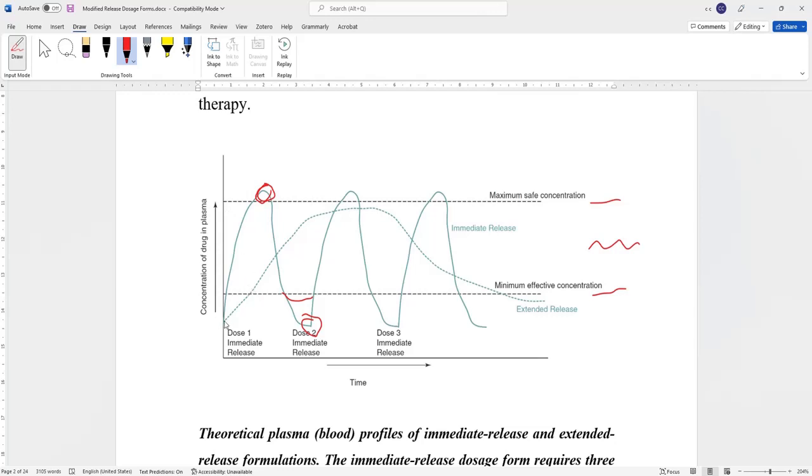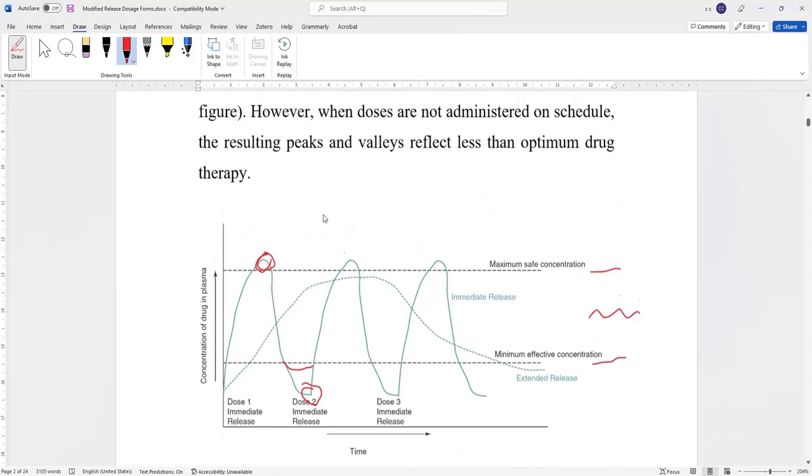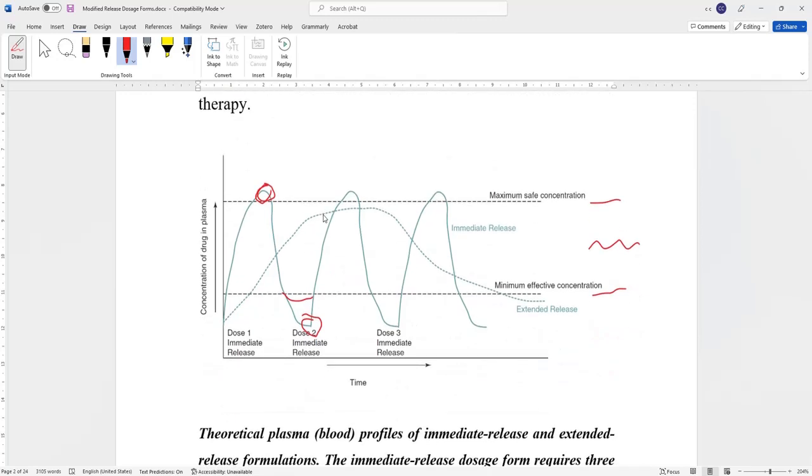So instead, it's better to maybe take an extended release dosage form, like what you see in this dotted curve, where you will see that you don't have such fluctuation and you can maintain therapeutic effect for a longer period of time. And of course, this will be beneficial, especially if we are talking about treating chronic conditions.